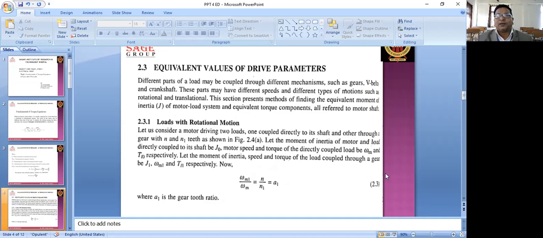The motor speed and torque of the directly coupled load be omega m and TL0 respectively. The moment of inertia, speed and torque of the load coupled through a gear be J1, omega m1 and TL1 respectively. Now omega m1 by omega m is equal to N by N1, which is equal to A1. Here A1 is the gear teeth ratio.